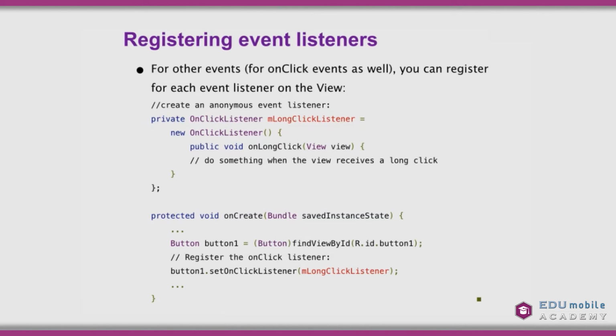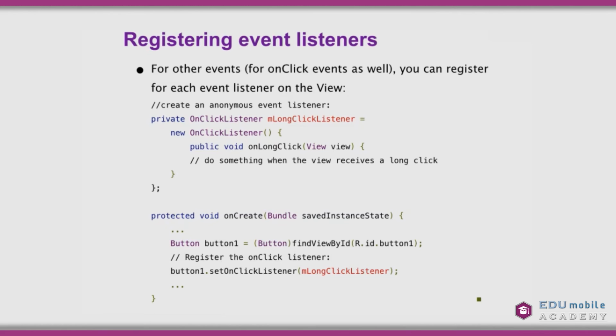So public boolean onLongClick(View). This is similar to the onClick method that we just looked at. And then here we would do something when the view receives a long click. So notice the blocking. We set up a listener. We make it private to the class. And then we set up a new listener, and then we define it inside that block.